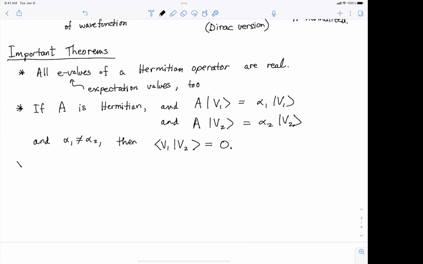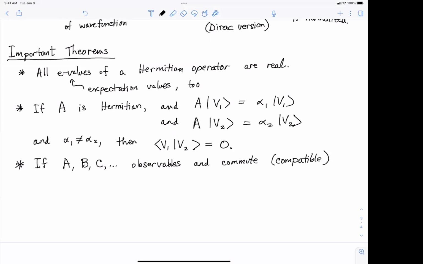Okay, here's another good theorem. Let's say I have a bunch of observables. I'm going to call them A, B, and C, etc. We're not necessarily committing to a specific number, but we're saying that they are observables and that they all commute. A synonym for that is that they're compatible. Compatible literally means the same thing as they all commute.